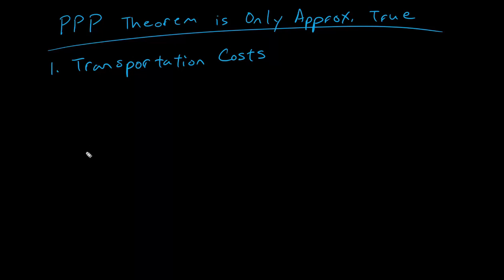So transportation costs are going to cause this purchasing power parity theorem to be only approximately true. The second thing is that some goods cannot be transported.